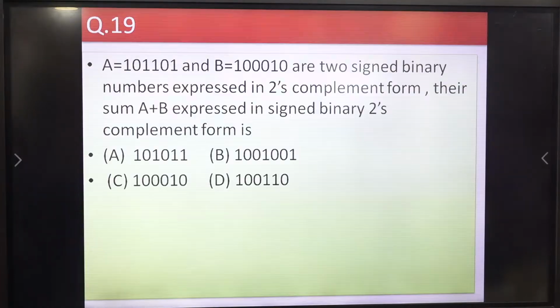We will come back to this question again. Solve this. Done?